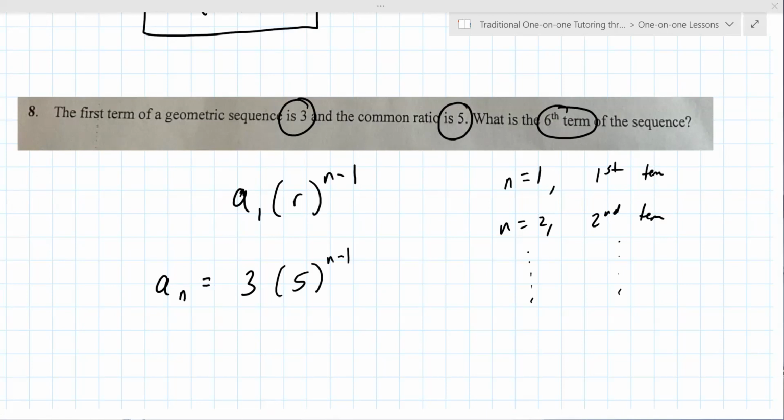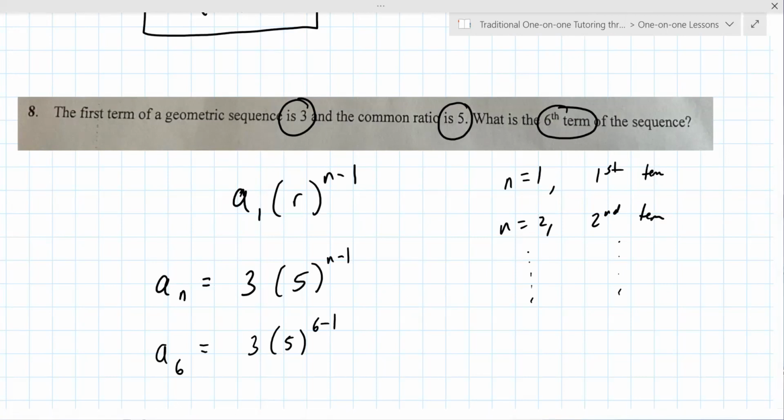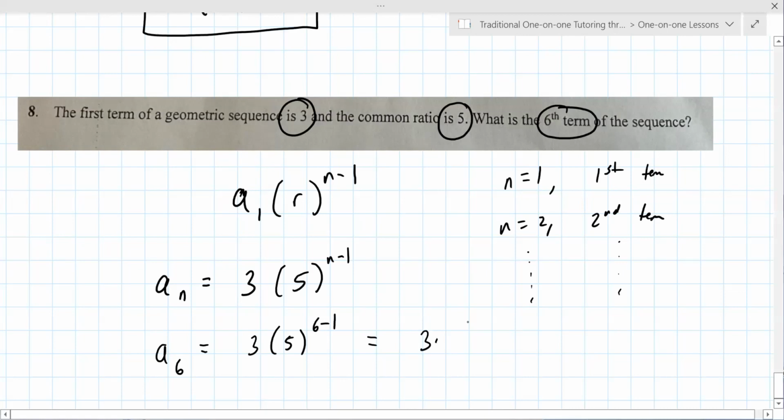Is my question unclear, or want me to restate it? I'm just kind of calculating. Oh, you're doing it already. Awesome. I like that. Yeah, 5 to the power of 5 is quite large. It's probably beyond what you would be expected to know for a standardized test, but you should get 3 times 3,125.